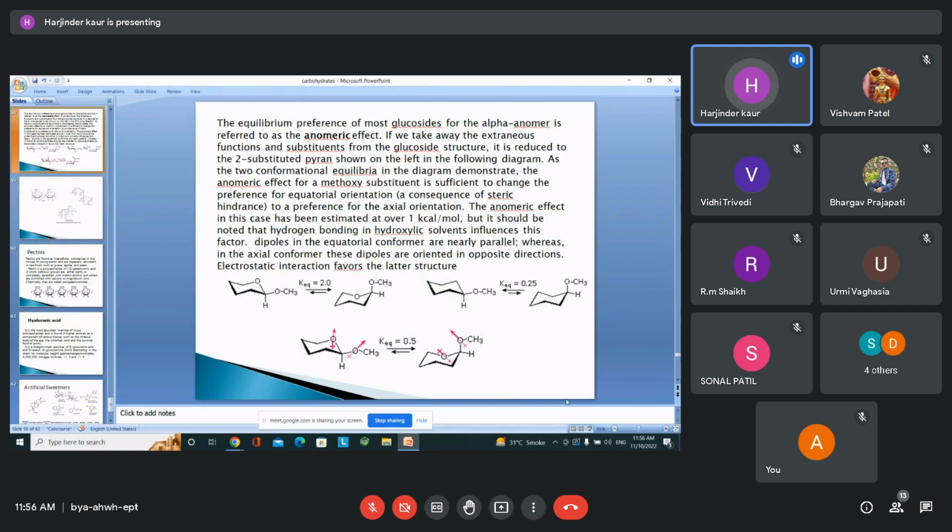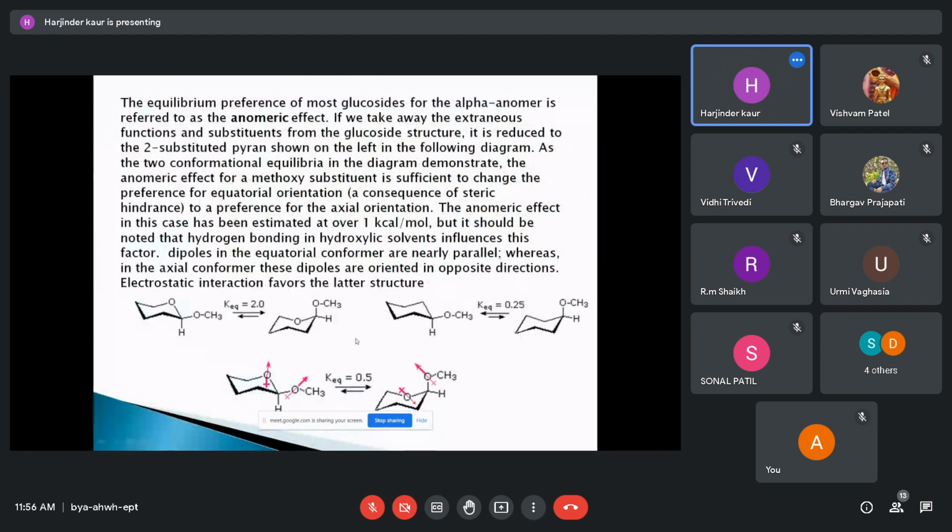Now I am talking about some of the questions which are many times asked in NET exam, etc. One of the questions is what happens when equilibrium occurs, why there is one isomer in higher quantity, especially if we talk about glucose.